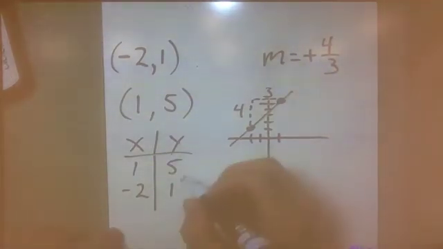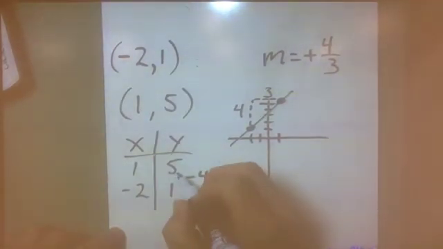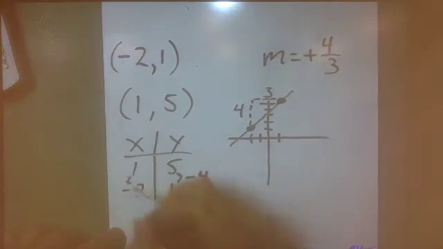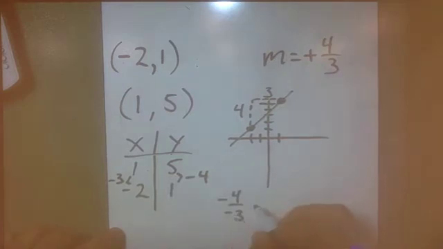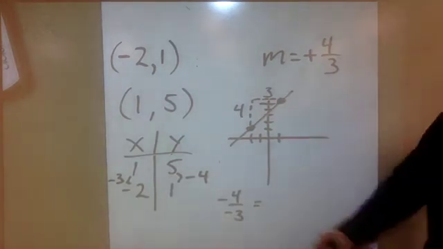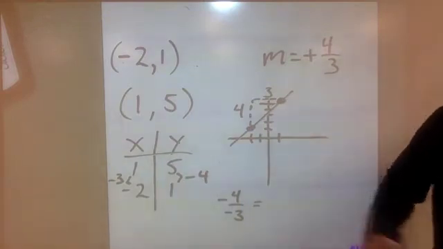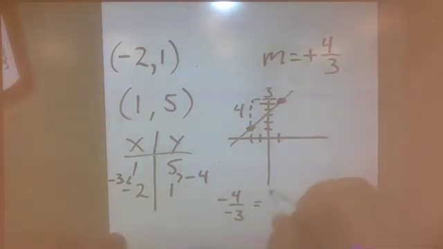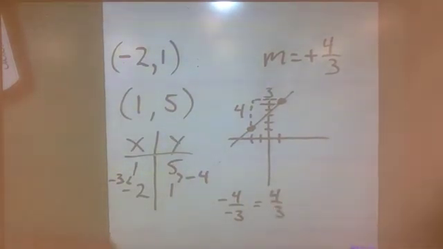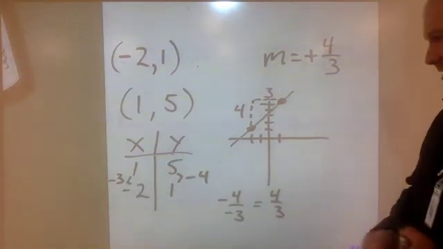So this is a -4. And to get from 1 to negative 2, I'm subtracting 3. So now I have -4 over -3. And when you have a negative divided by a negative, you get a positive answer. So this is actually positive 4/3. So we still end up with positive 4/3.